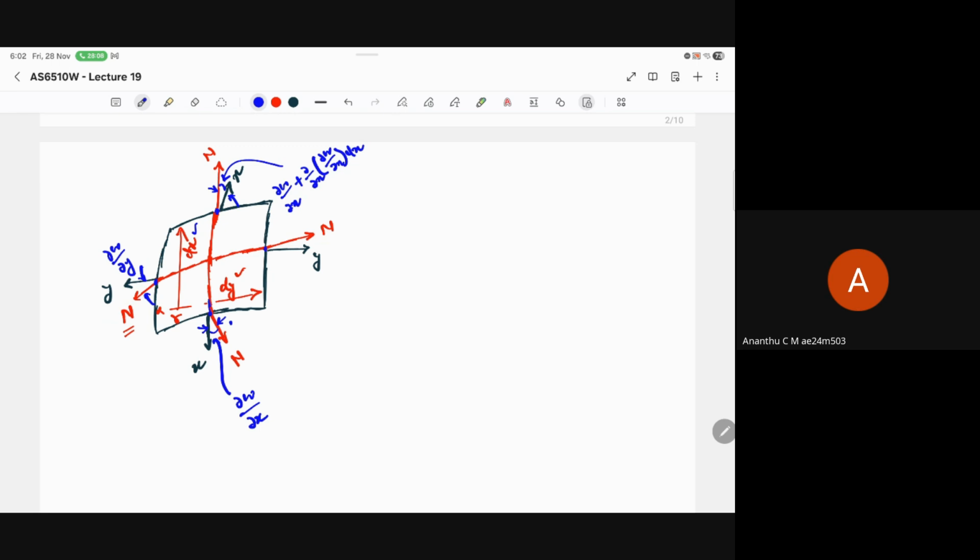Similarly, you are going to have a slope on this side, and this slope is ∂w/∂y, the slope in the y direction.